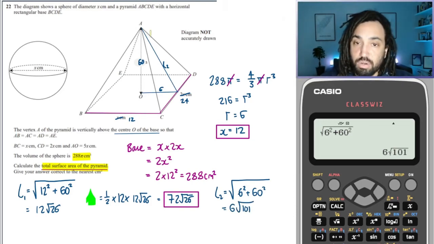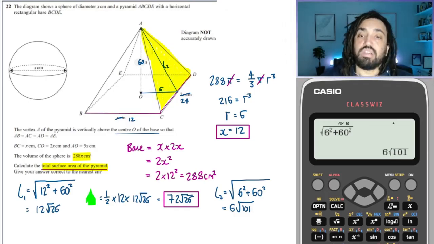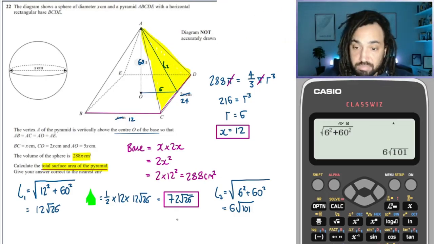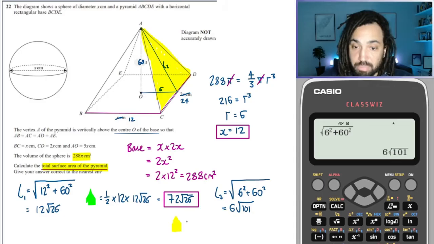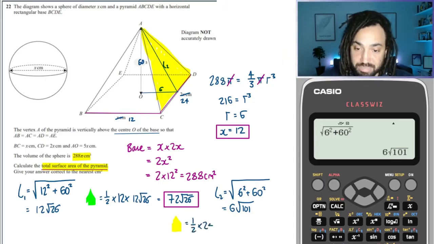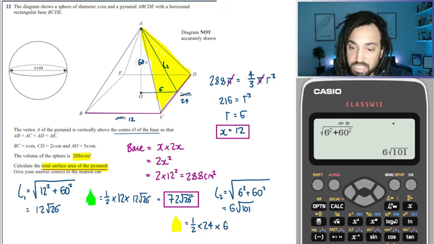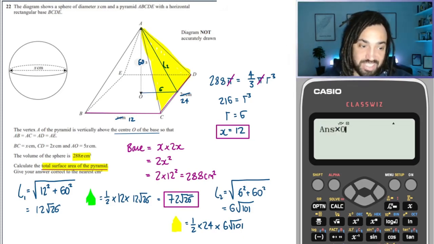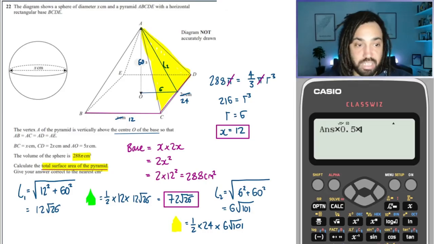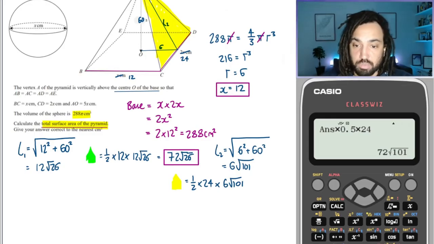So the area of this yellow triangle, that looks like this, is going to be a half base times height, and the base is 24, multiplied by L2, which is 6 root 101. This question's so hard. Times it by a half, times it by 24, so we get 72 root 101.